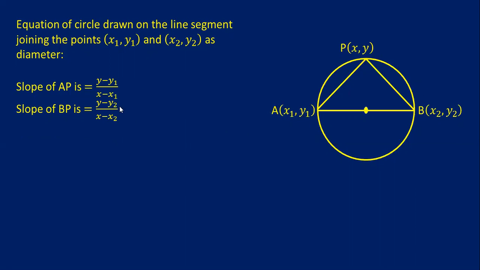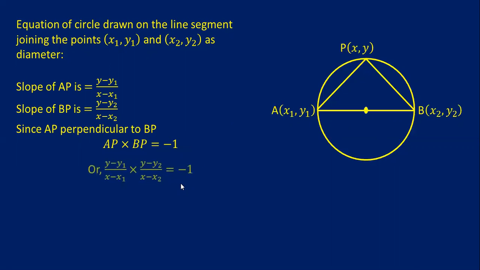Since AP and BP are perpendicular, the product of the slopes of these two lines will be -1.